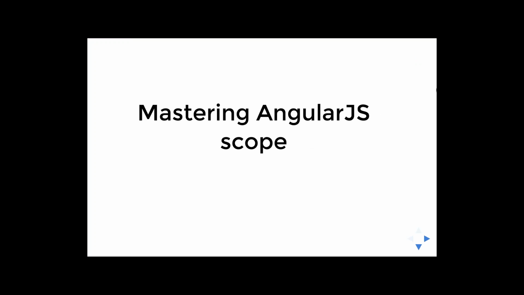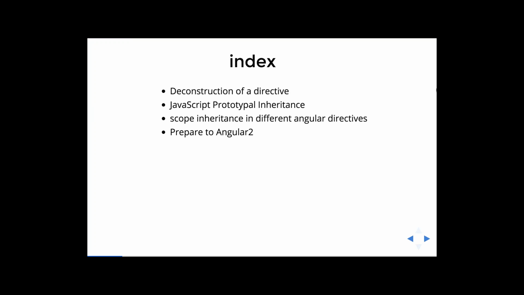Today we're going to talk about how the scope works in AngularJS. First, what is scope, and then we're going to deconstruct a directive and go through the scope chain without the DOM.